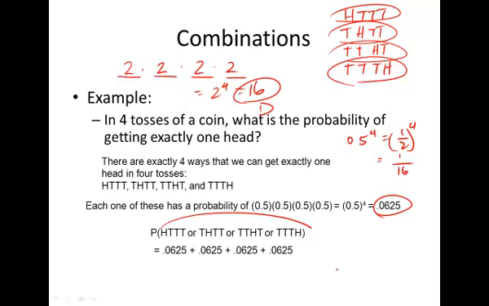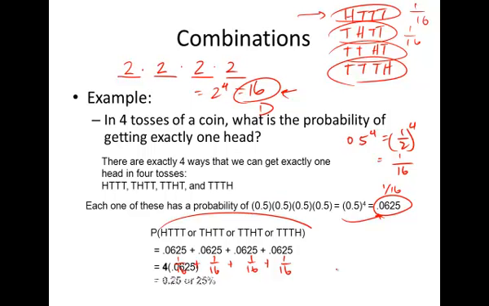So this is 1/16 plus 1/16 plus 1/16 plus 1/16. Hopefully that makes a little bit more sense as to why that's the probability for each of those. Because there's 1 way to get HTTT out of a total of 16 possibilities. There's 1 way to get THTT and so on. So what I get is 4/16, or 25%. So the probability of getting exactly 1 head is 25%.